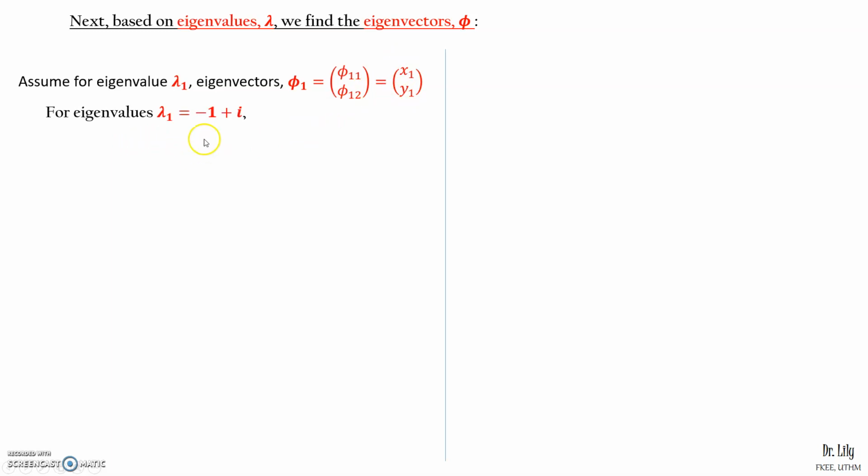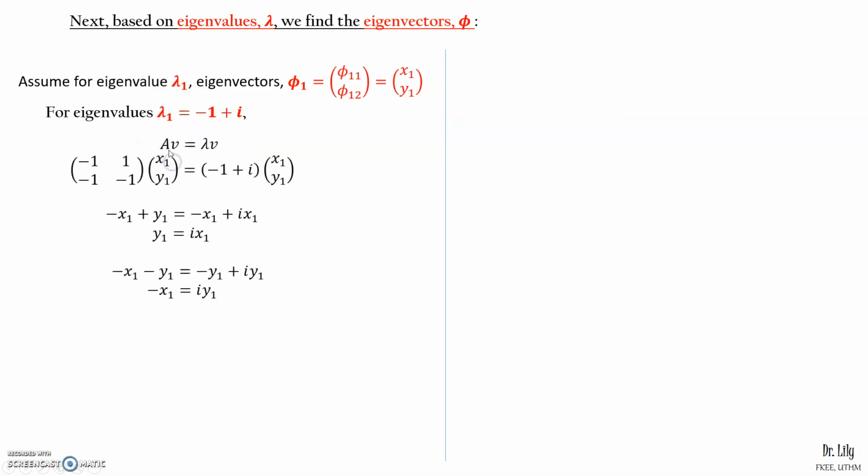So, untuk eigenvalue yang pertama, which is negatif 1 tambah i, kita gunakan operasi persamaan AV equal to lambda V. So, kita just masukkan value accordingly. Untuk matrix A, value dia adalah negatif 1, 1, negatif 1 dan negatif 1. Untuk eigenvector V adalah X1 dan Y1. Okay. So, untuk lambda kita adalah negatif 1 tambah i. And then, untuk eigenvector juga X1 and Y1.